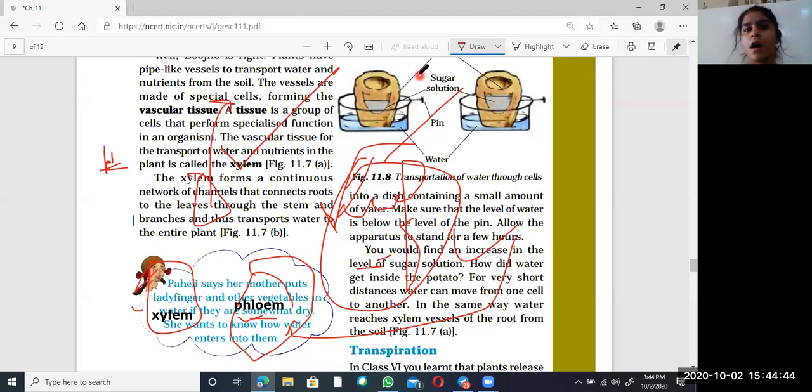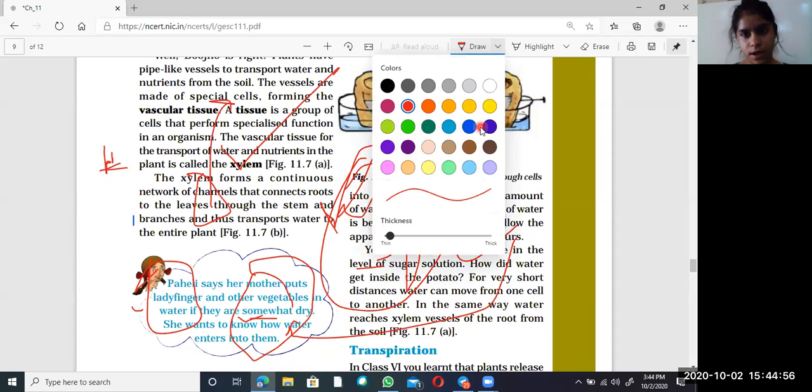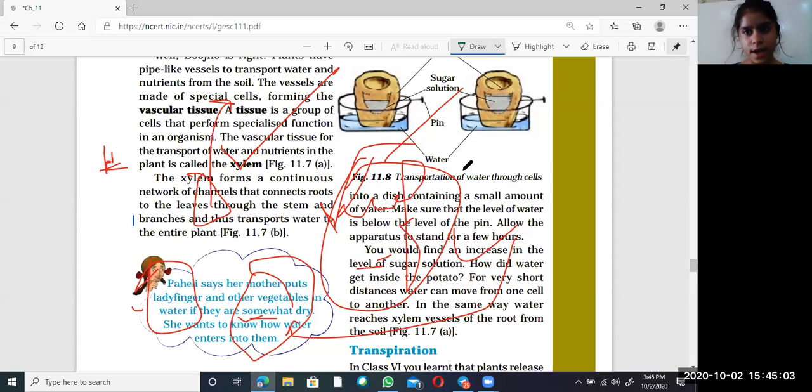Okay. In your course till now, you do not have the further divisions of the tissue xylem and the phloem. Then I won't teach you that. Let me change my pen color. Yeah. Now let's read it from the NCERT.